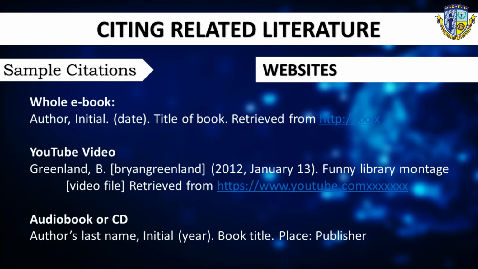And for a YouTube video, state first the author's last name, first initial, then in parentheses the YouTube screen name, and then the year, month, and day uploaded, title of video, and of course that is a video file, and retrieved from, and then the link.